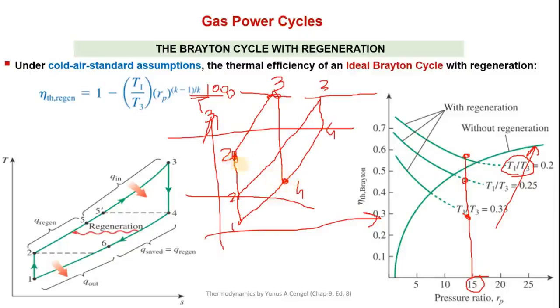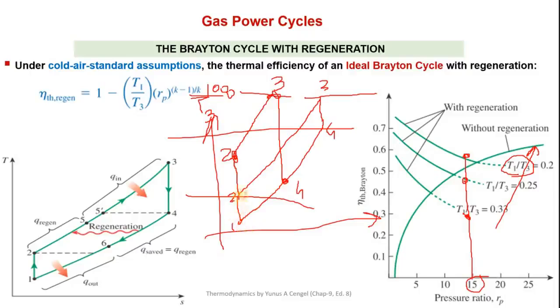Now there is no possibility of regeneration, to utilize regeneration heat. That's why you see at very high pressure ratios your efficiency is approaching 0, actually very small. By increasing the pressure ratio, the efficiency is dropping.